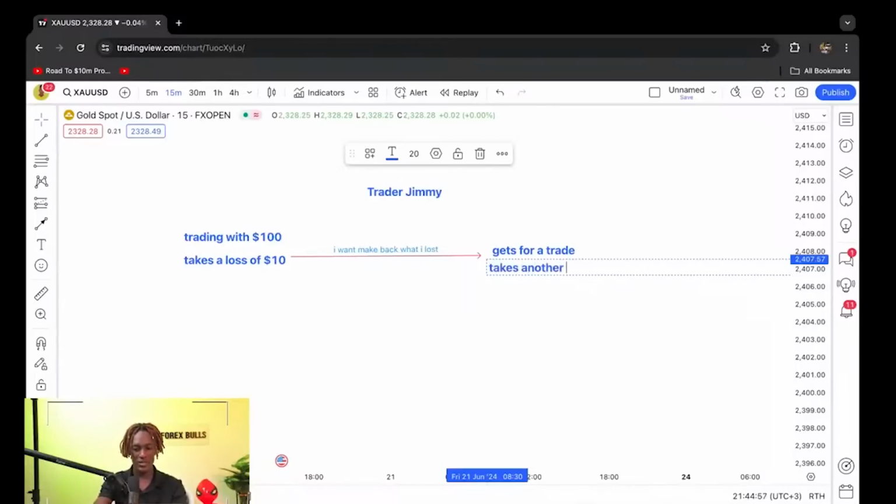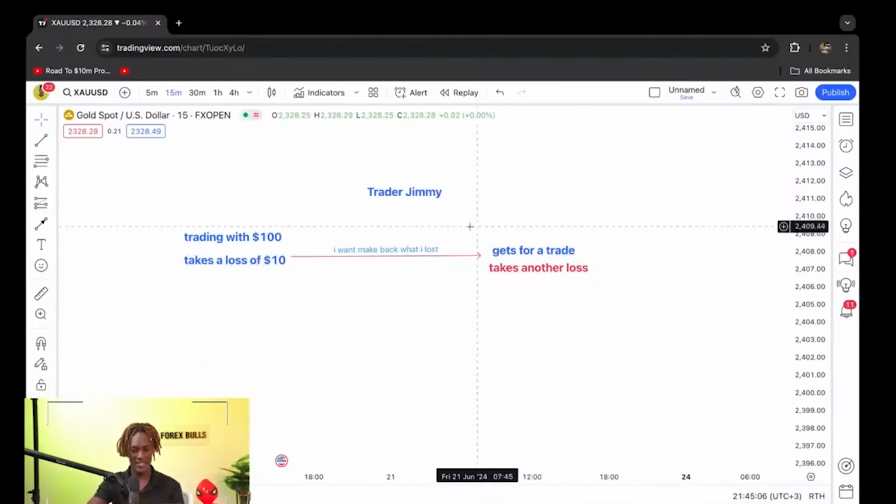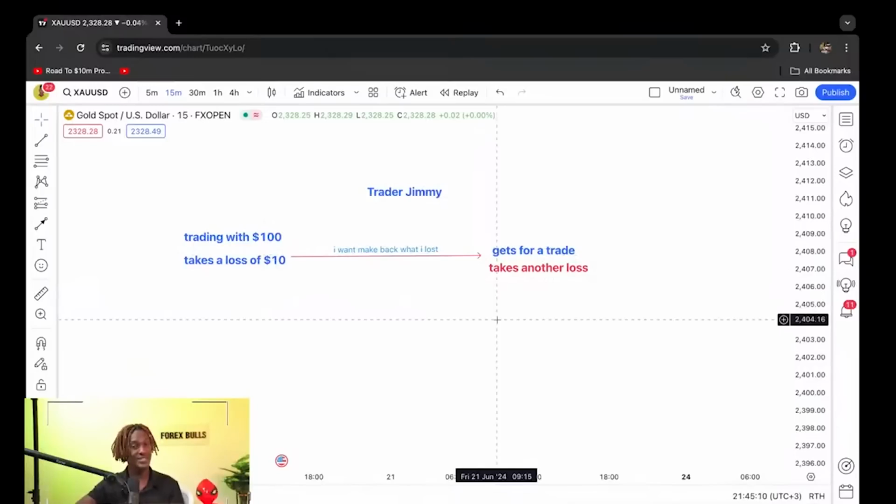Okay, Jimmy, we are just using an example, but we are not wishing for this. Takes another loss. Now, shall we keep in the same trend? And now I'm like, I need to make back even the money that I just lost. Does that end? More often than not, revenge trading goes hand in hand with over trading. Most traders are going to revenge trade until the account is blown.